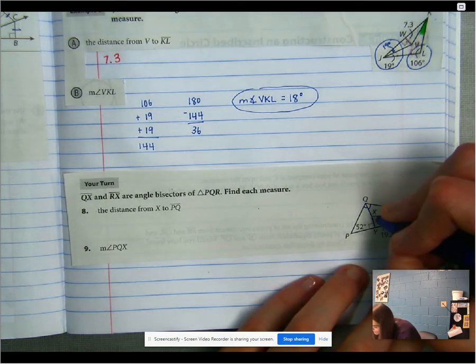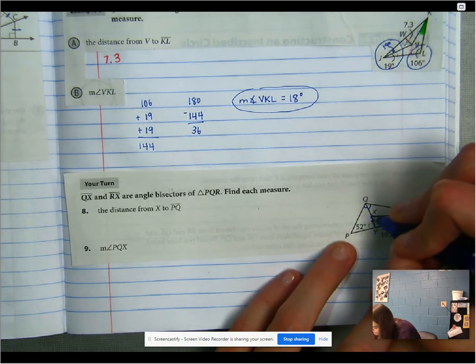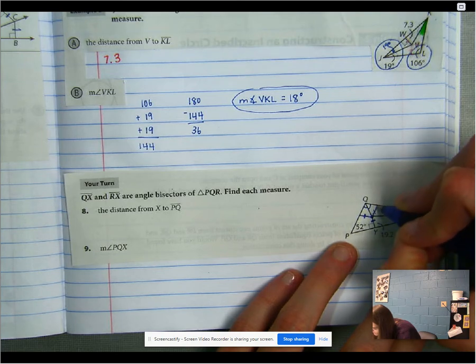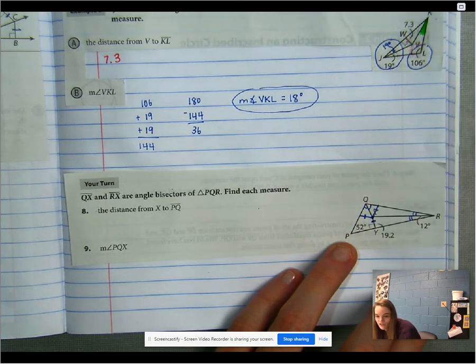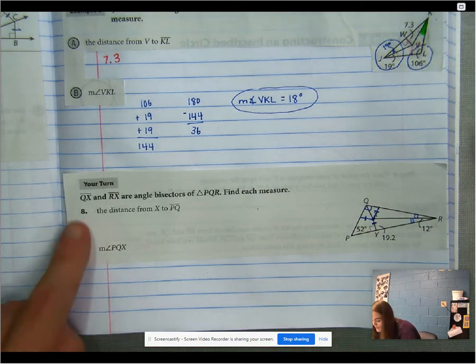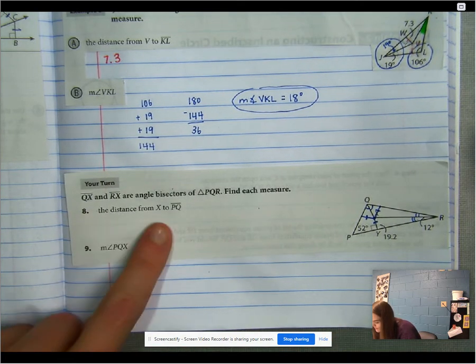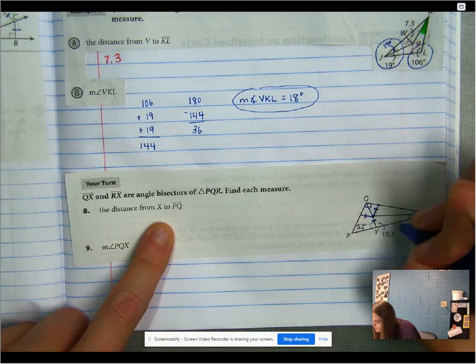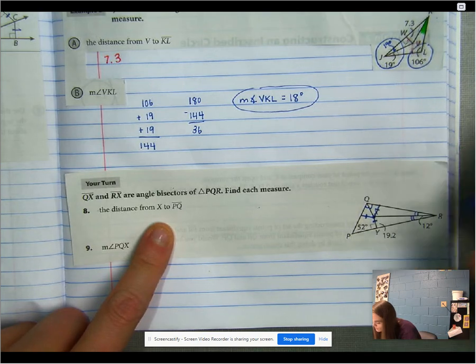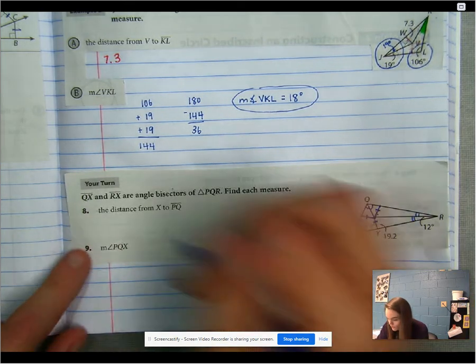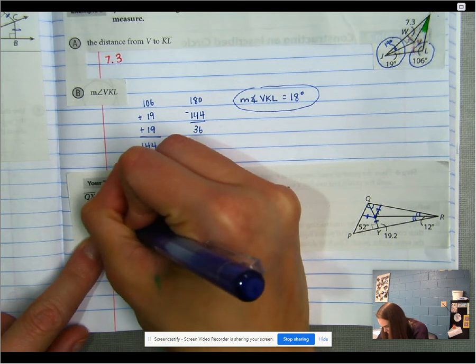I know from this incenter to here is congruent to this side length, and this to this side length, because of the incenter theorem. Number 8 says, what is the distance from X to PQ? Well, it's the same as X to PR, or the point Y, so it's 19.2.